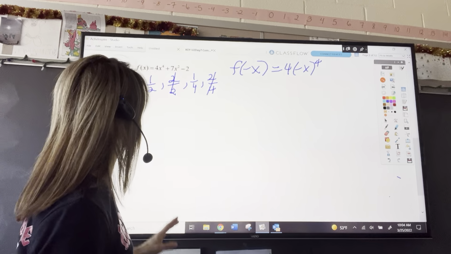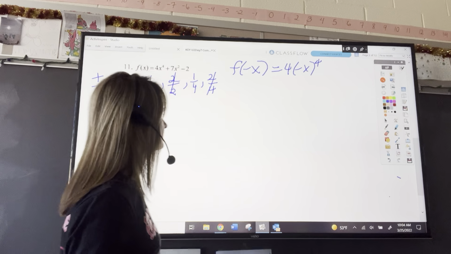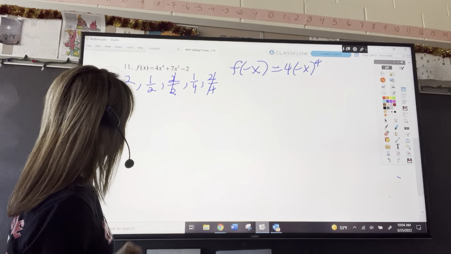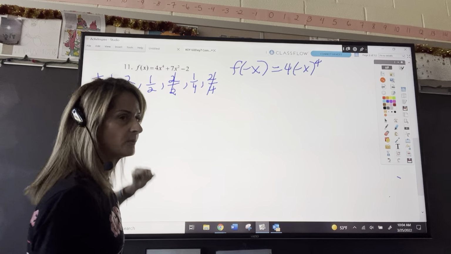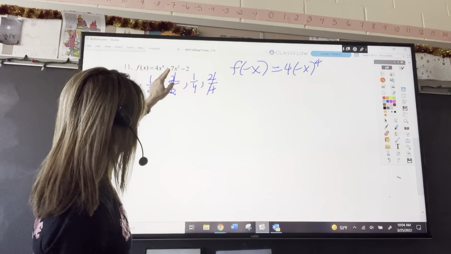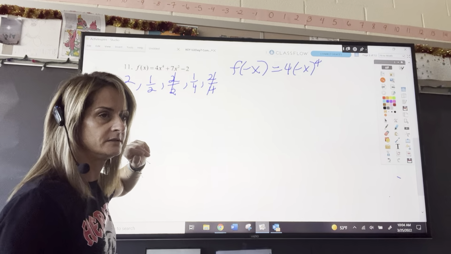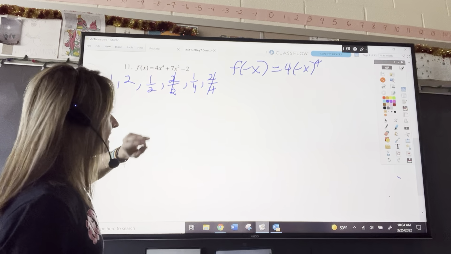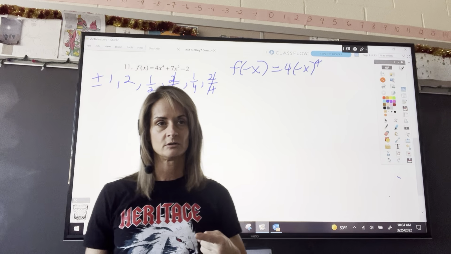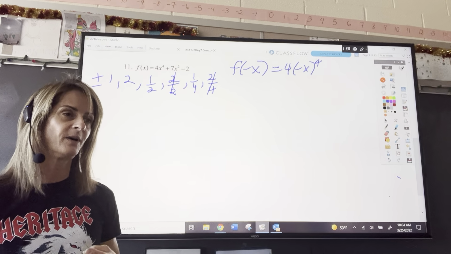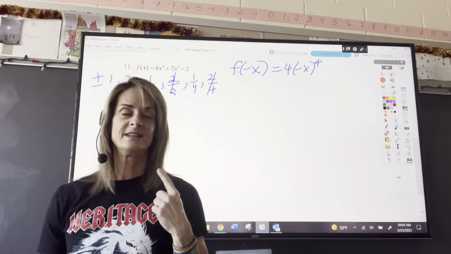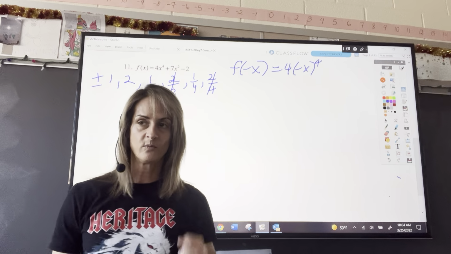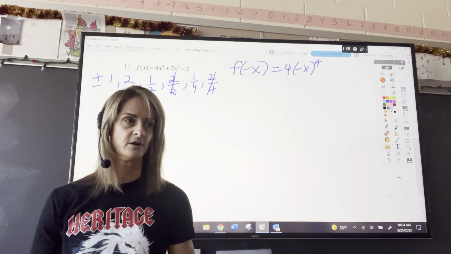So the sign of that term is going to stay the same, as well as the sign of the next term, 7x squared. That's going to stay the same because it's x squared. That's an even exponent. Are you with me? So we should only have one sign change for f of negative x as well, which means we only have one negative zero. So we have one positive zero and one negative zero.